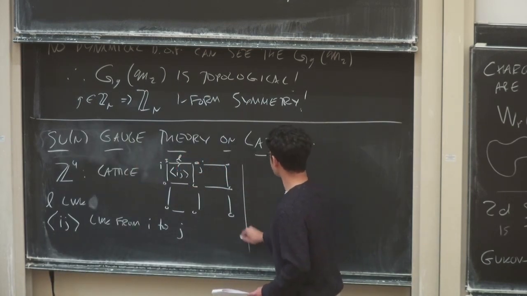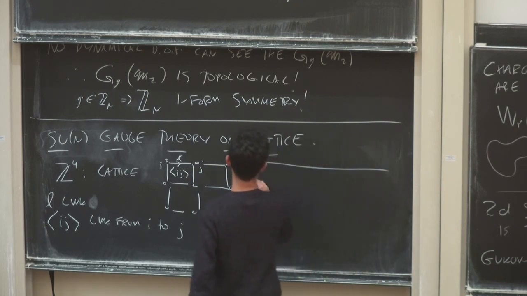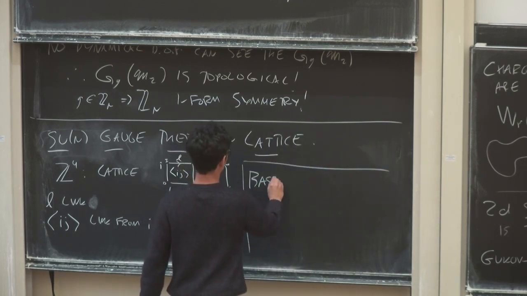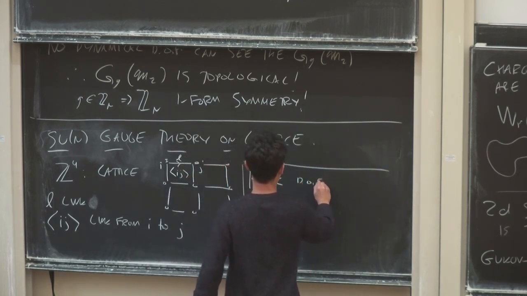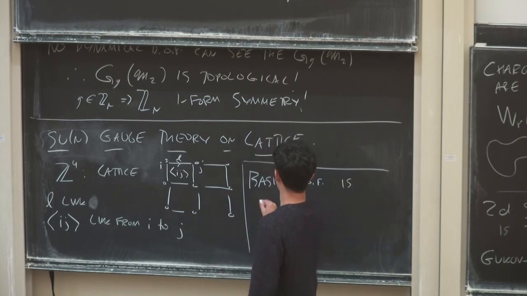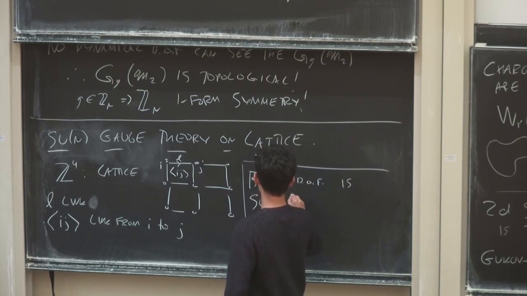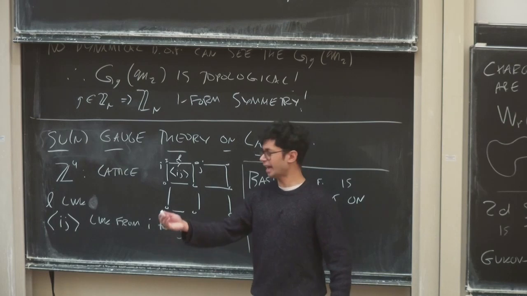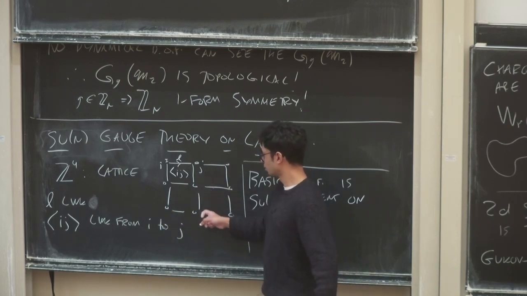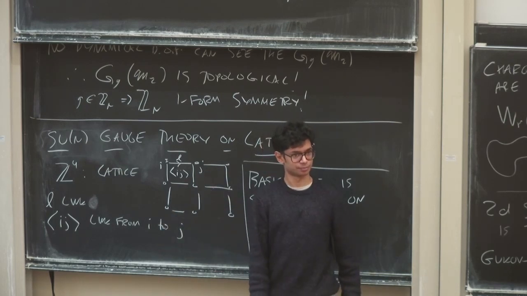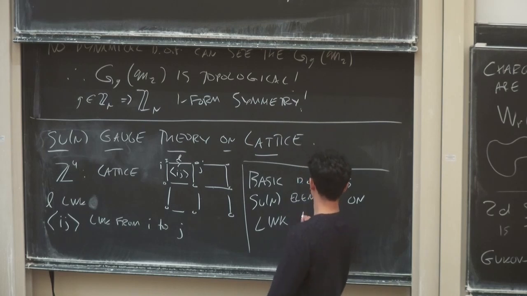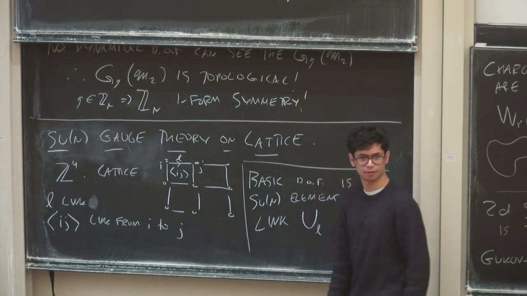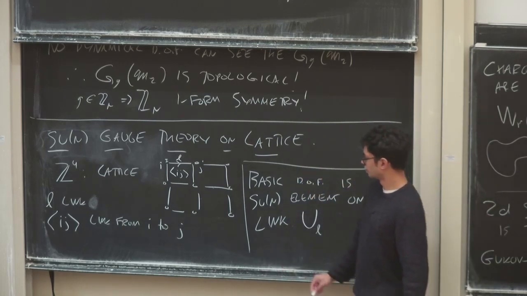And now in lattice gauge theory, the basic degree of freedom is an SU(N) element, or a group element in general, on the link. Okay? So on every link, we have a group element U sub l. So this is crucial.